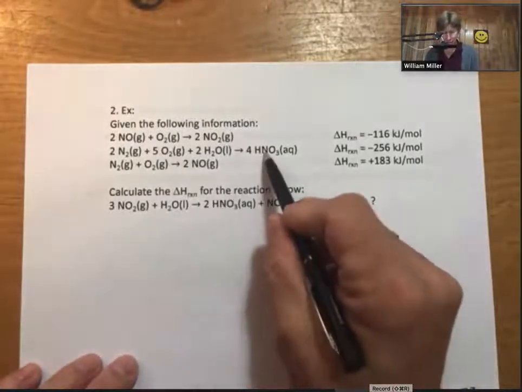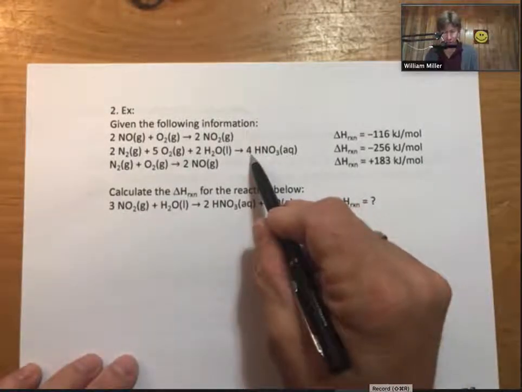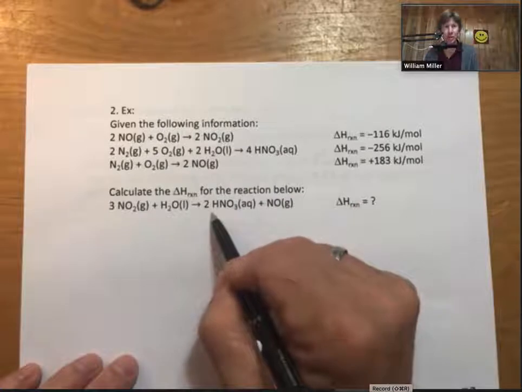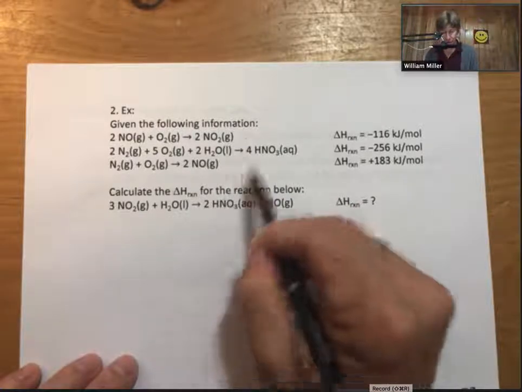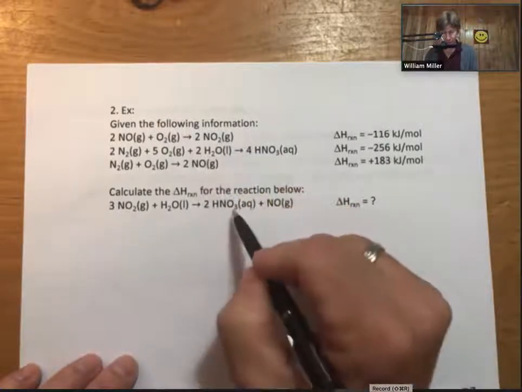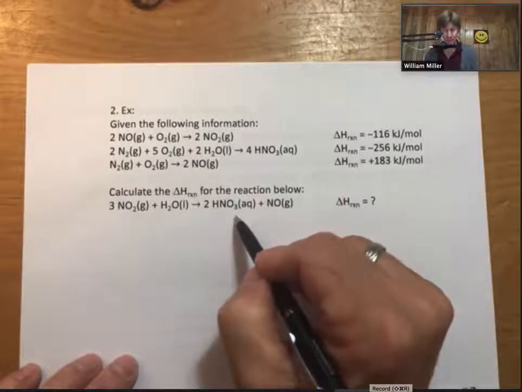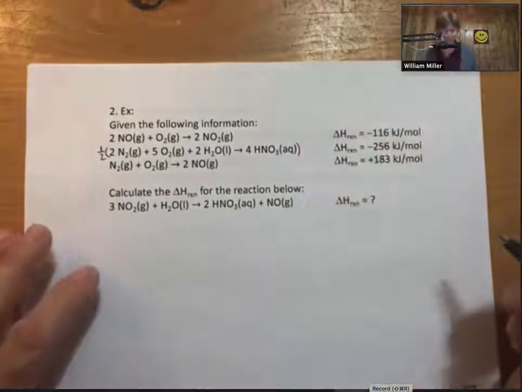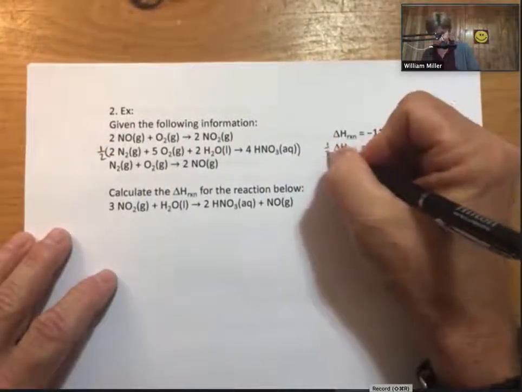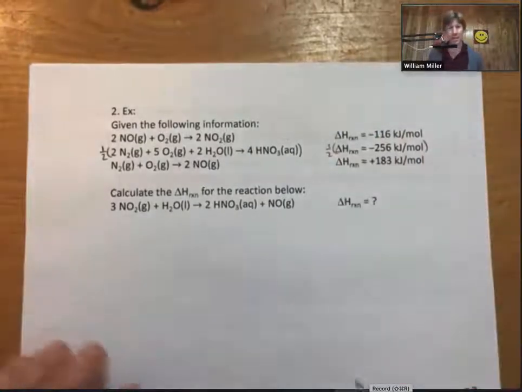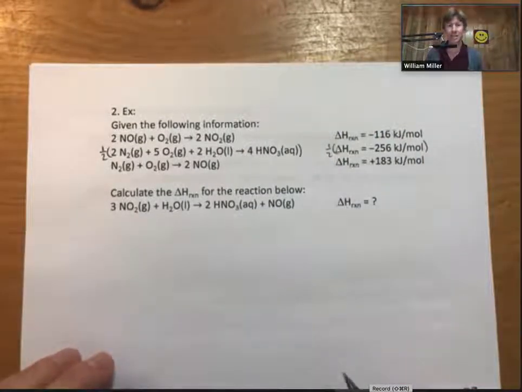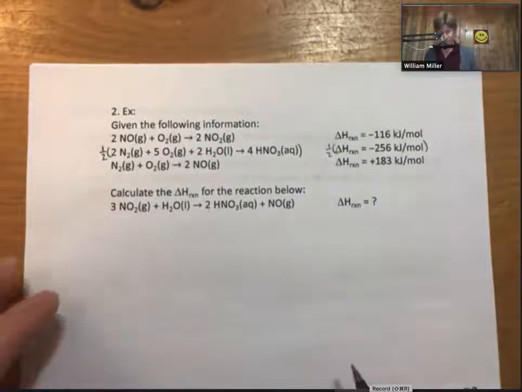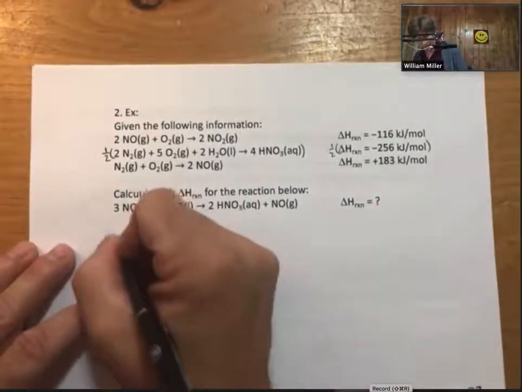So I have to make the coefficient of 4 into a coefficient of 2 in order to use these reactions to build my unknown. What that means is I'm going to have to multiply this reaction times half, and I'm going to have to multiply the delta H times half as well. Let me start by writing that.